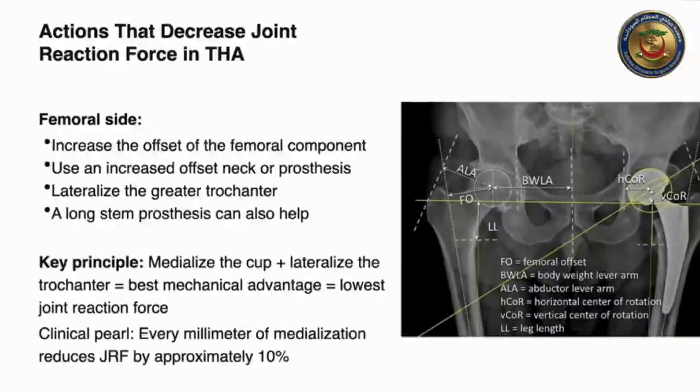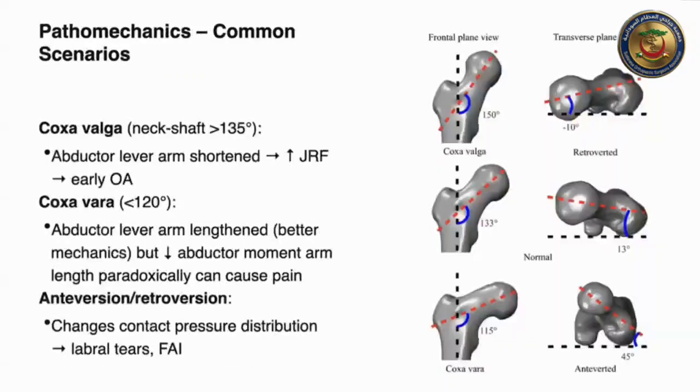Okay, so to summarize, we medialize the cup and lateralize the trochanter, and we have the best mechanical advantage and lowest joint reaction force.